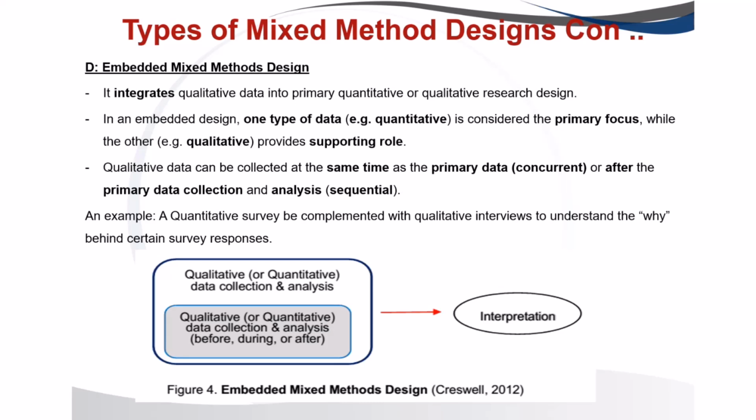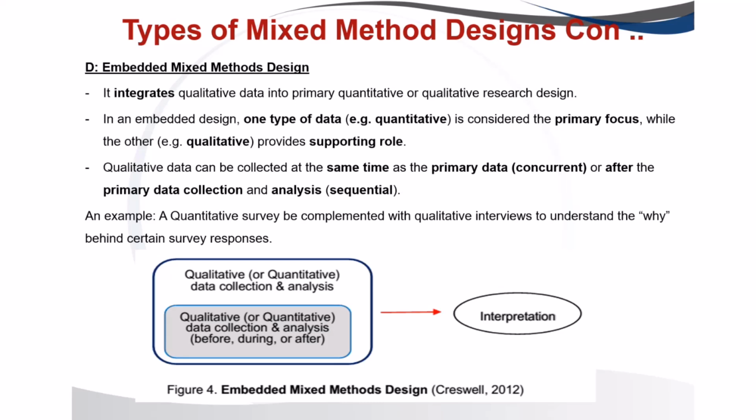The supporting data can be collected at the same time as the primary data. Then you refer to it as concurrent. Or after the primary data collection and analysis, then it becomes more sequential. Definitely the word after refers to sequential.